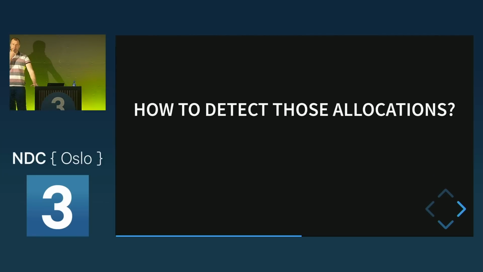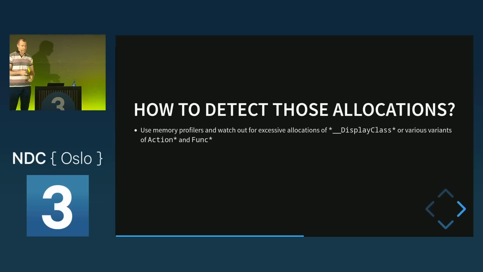And the thing is, how can you actually discover these types of allocations in your code? Well, there is one way you can do it. You can fire up a profiler and you can look for a display class or various action or function delegate allocations. And then you will see them lighting up, and you can go into the piece of code and refactor them out.